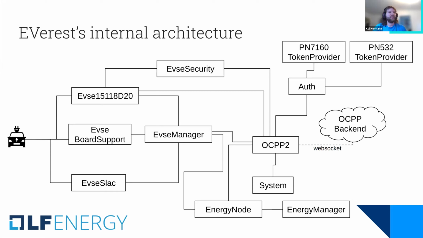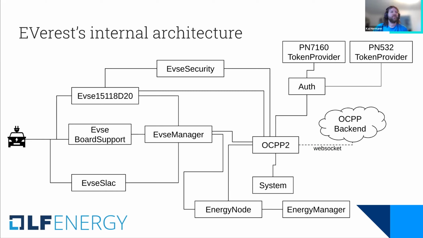This is connected via the typical CP connection to some hardware that is interacting with some form of driver, which we typically call the EVSE board support. This is a driver that is able to read the CP states and interact with the hardware, like opening relays and things like that, for example.